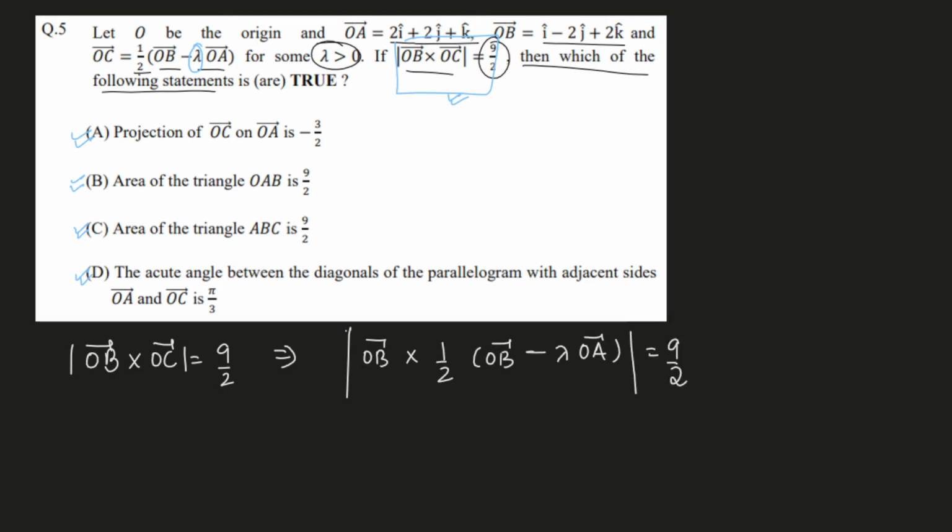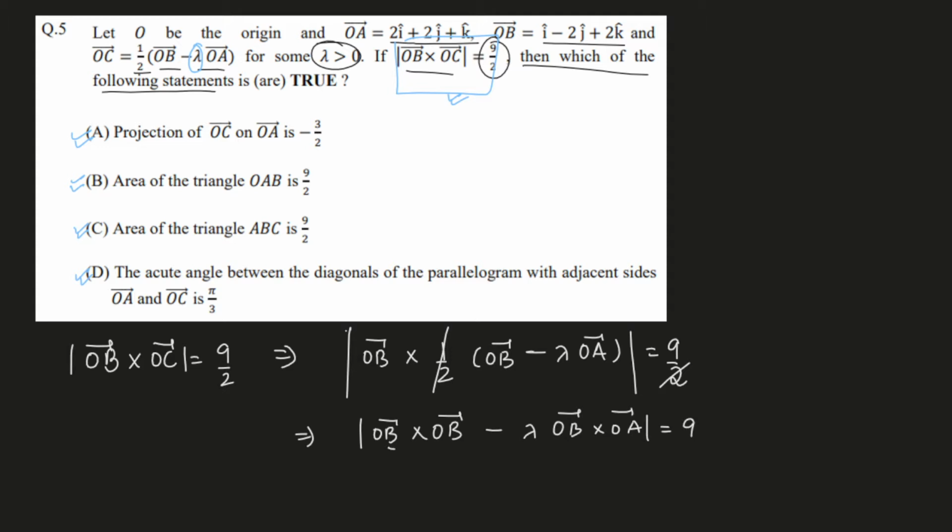I can take this half here and move the 2 into the denominator there. And this will give us vector OB into vector OB, minus lambda into vector OB multiplied by vector OA.